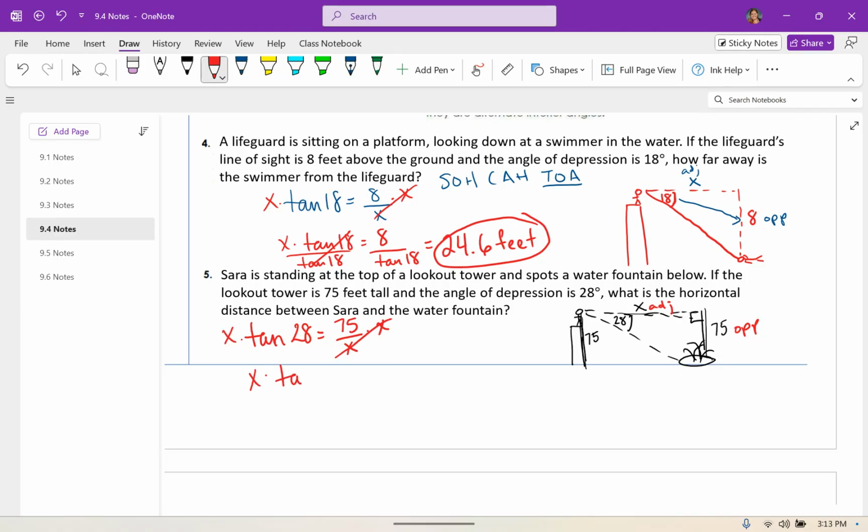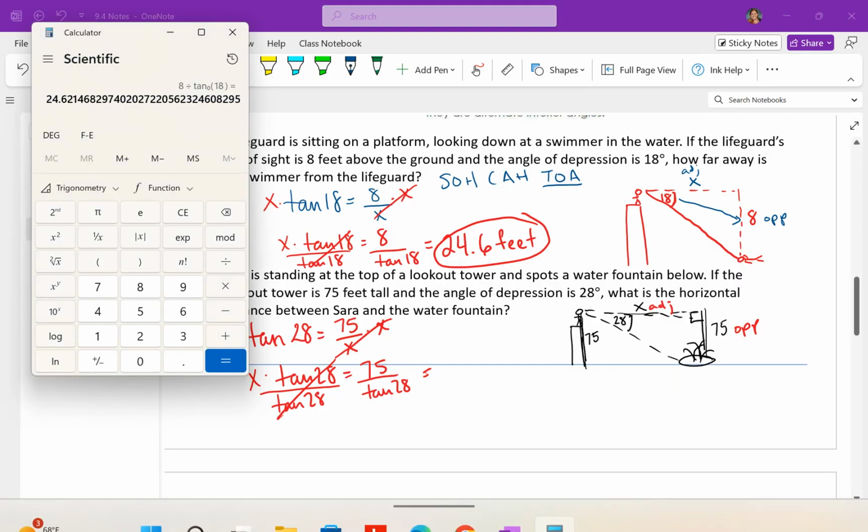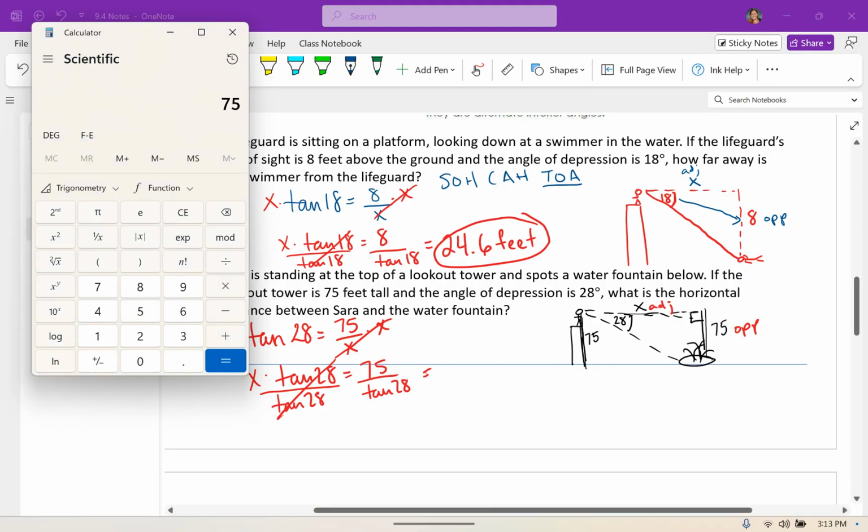X times tangent of 28 is 75. Divide. 75 divided by tangent of 28 is about 141.05, so we'll just say 141 feet.